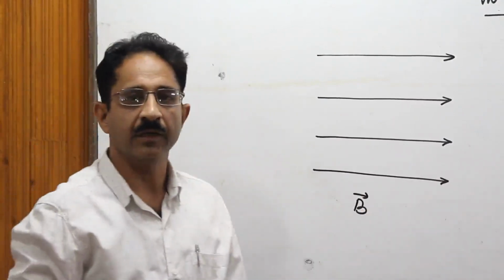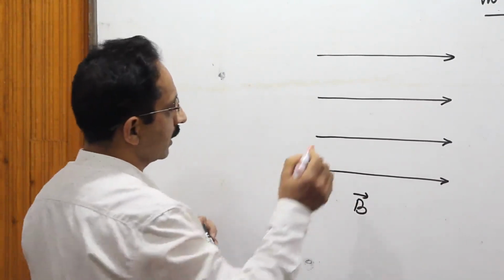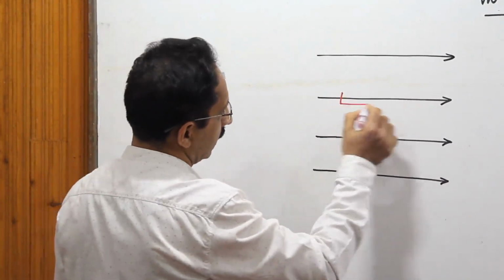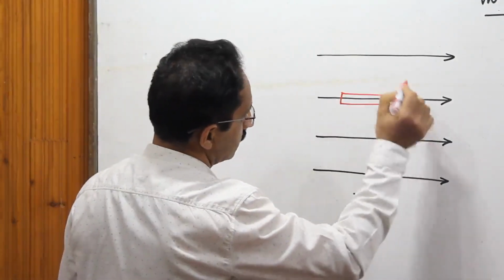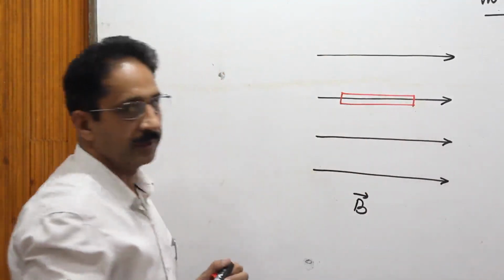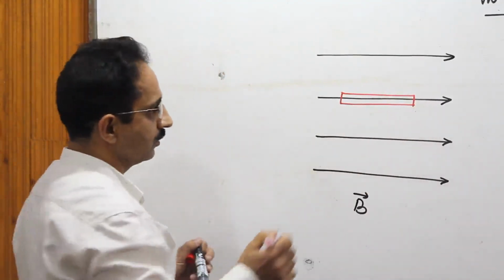In this magnetic field, we have placed a bar magnet. A bar magnet, as you understand, is a magnetic dipole. It has a south pole and a north pole.